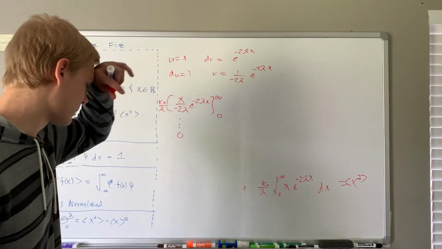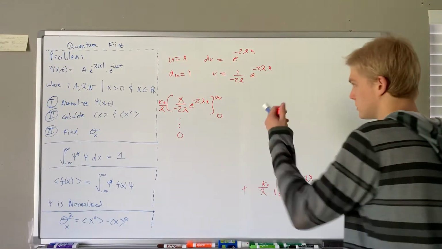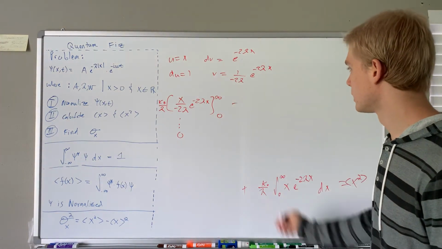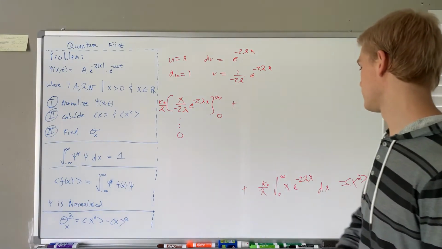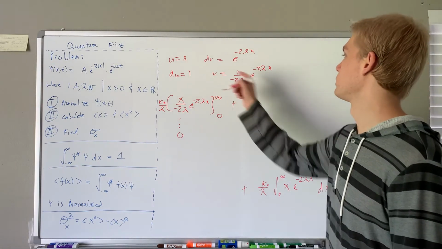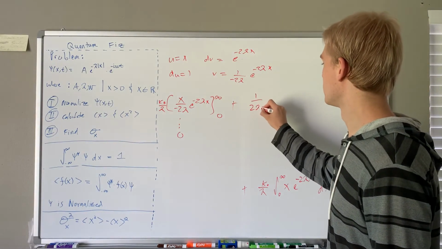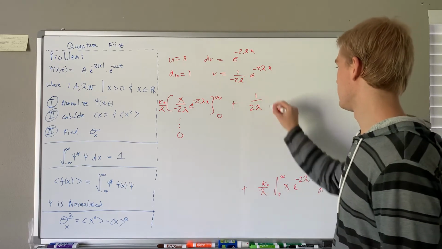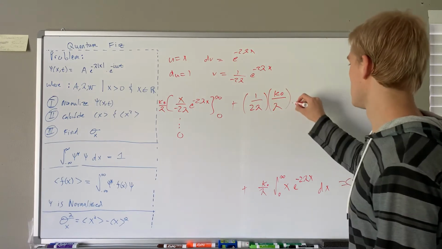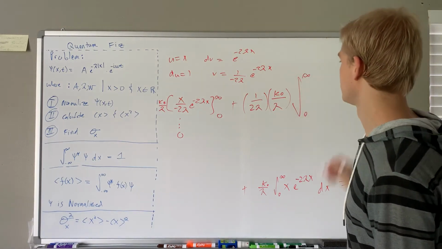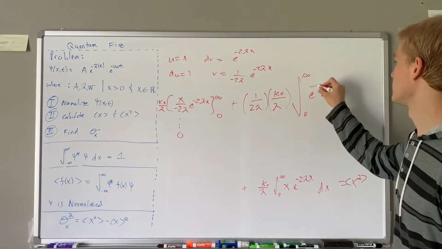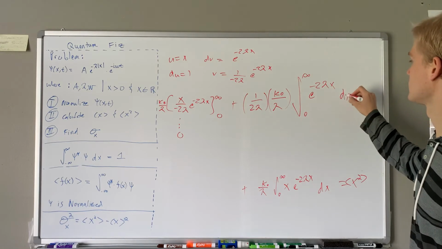If you take the limits, you plug them in, you get 0 times something and then another 0 times something minus another negative number there. So it becomes positive. And this guy was positive right here, so I don't have to worry about my sign because I kept track of it. So you multiply 1 over 2 lambda, multiply by k naught over lambda, integral 0 to infinity. Multiply these guys, so it's just e to the negative 2 lambda x dx.